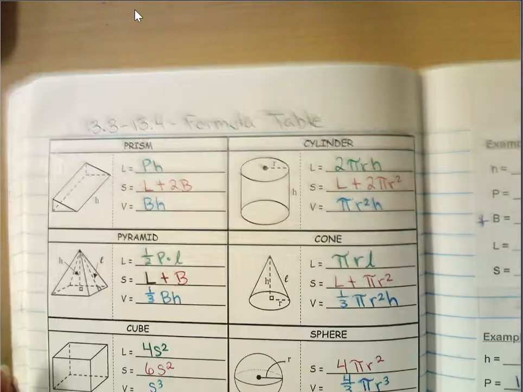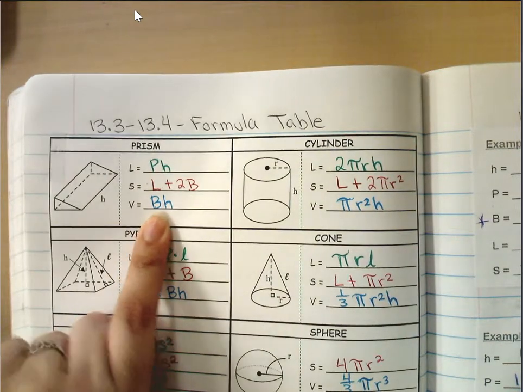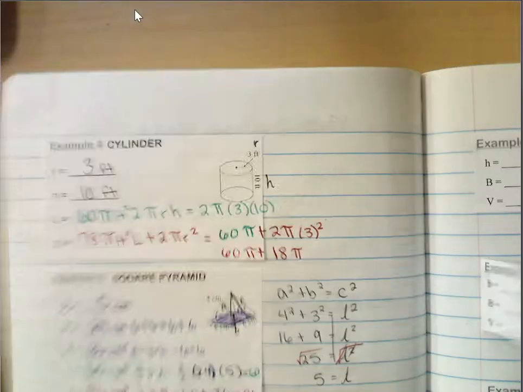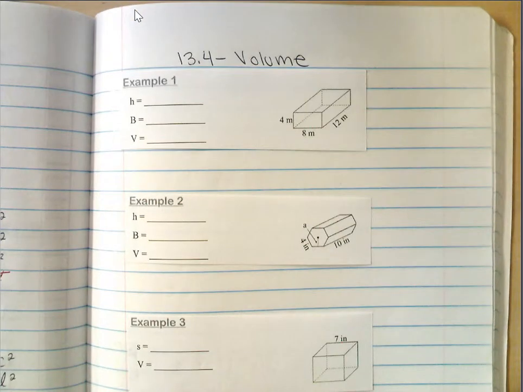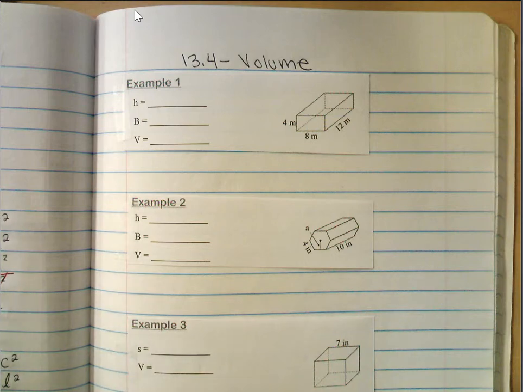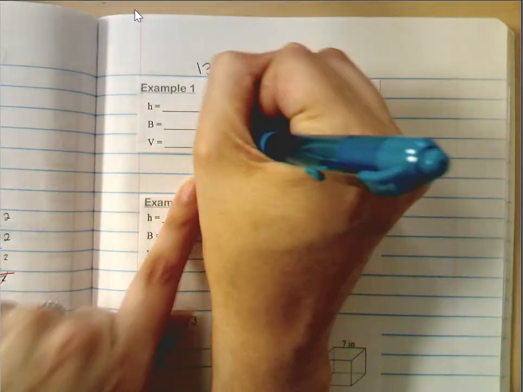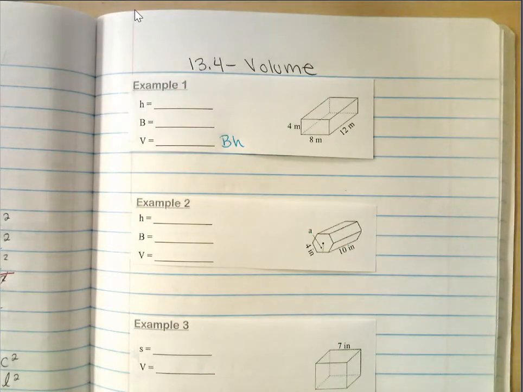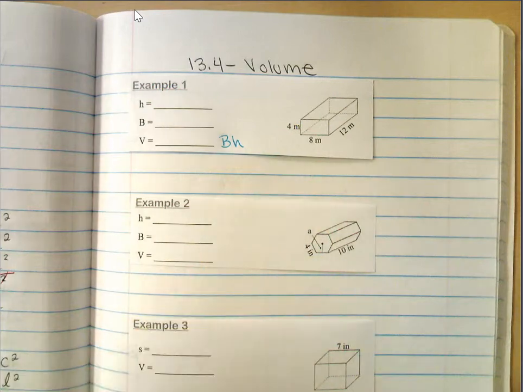So for example 1, I have a prism. I'm going to be using the formula for volume, area of the base times height. So I need to find the area of the base and the height of the prism.